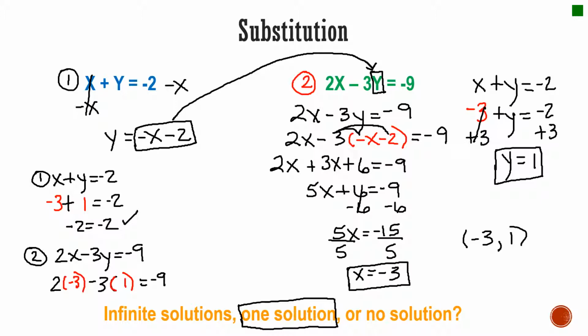So 2 times negative 3 is negative 6, and negative 3 times 1 is negative 3, and that does give me negative 9. And so that checks out. I know that my solution is correct. Let's try another one.